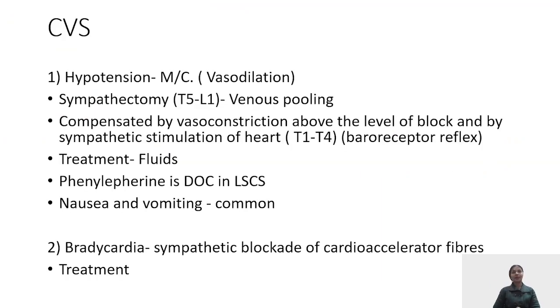Now, this is why it becomes very important. When we talk about the cardiovascular system, the most common complication of spinal anesthesia is hypotension. Please be very careful. PDPH is not the most common complication of spinal anesthesia. The most common complication of spinal anesthesia is hypotension. And why does this hypotension occur?